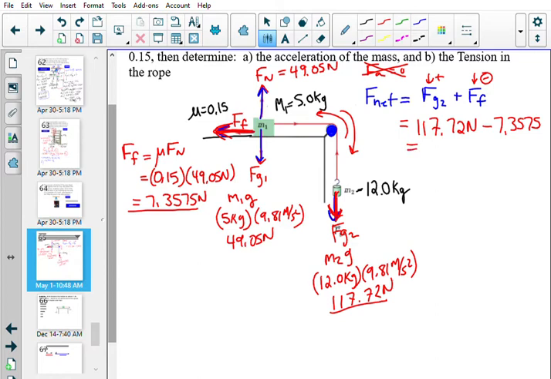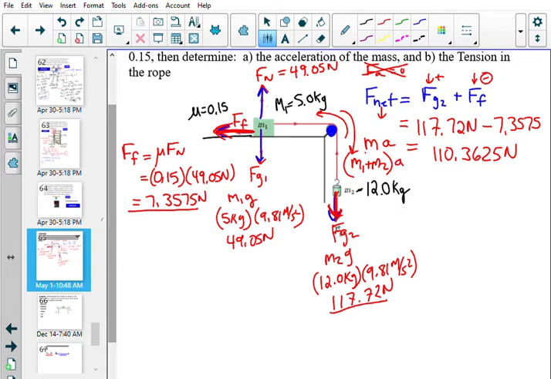So that net force comes out to 110.3625 newtons. I'm carrying way more significant digits than I need at this point. So we know that F net equals the total mass times the acceleration. But that total mass is M1 and M2.